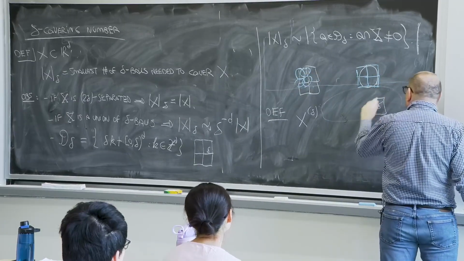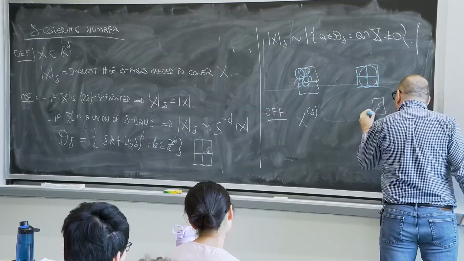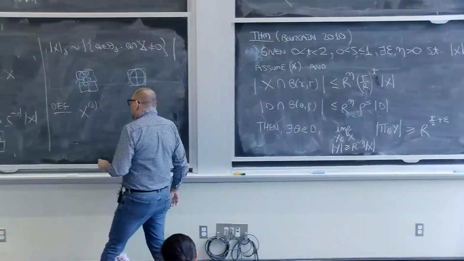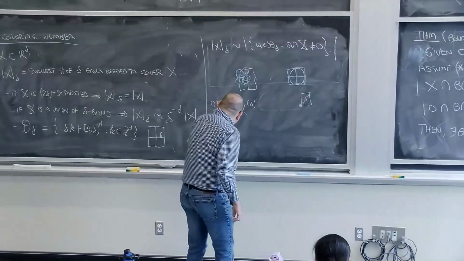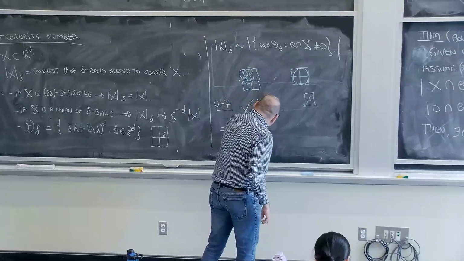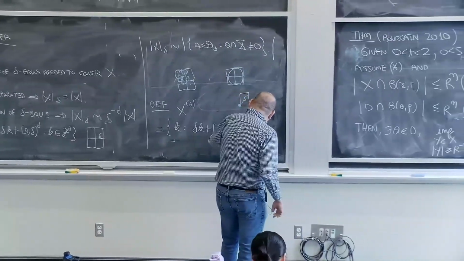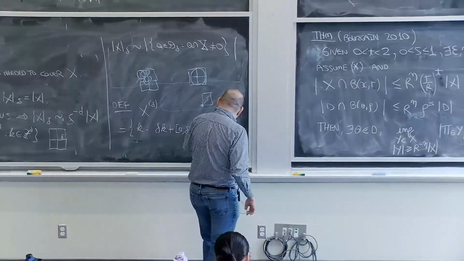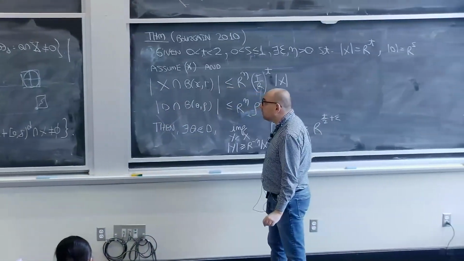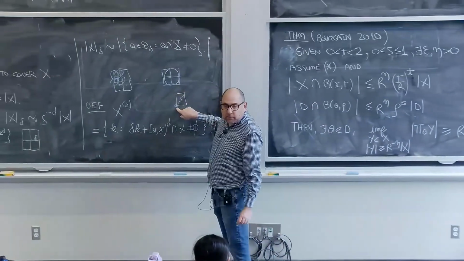So if x intersects this cube, then this point will be in x delta. In this way, I snap it to the lattice. OK, formally, this is all the k such that the cube delta k plus [0, delta]^d intersects x. OK, so anytime we see something here, we look at this point.